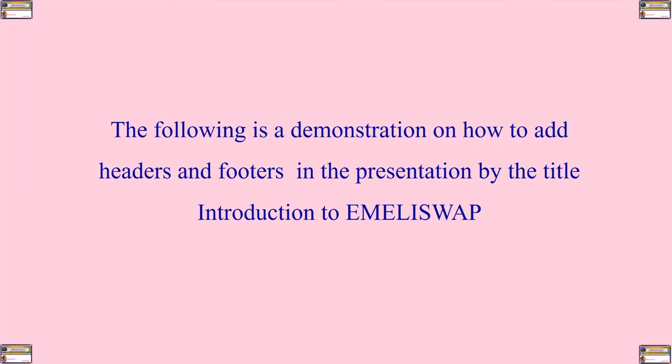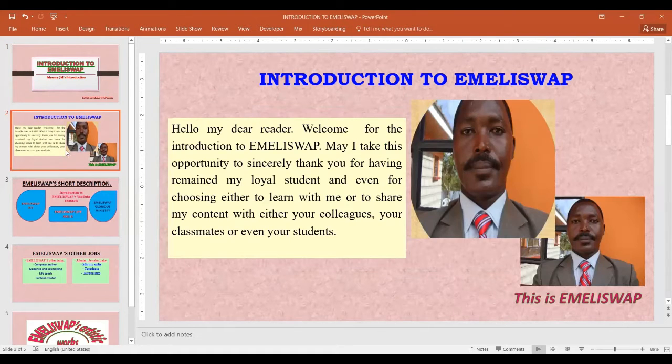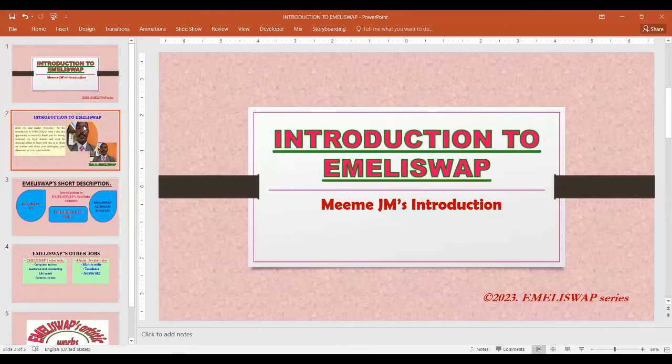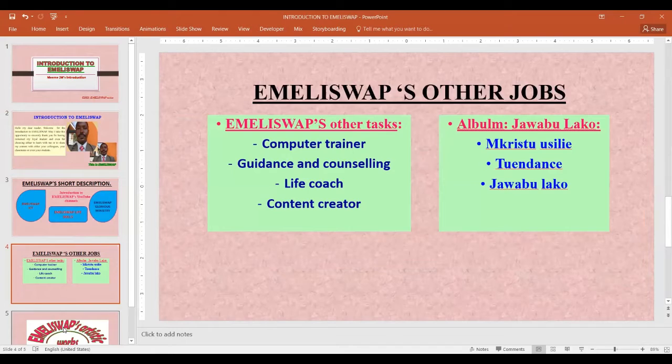The following is therefore a demonstration on how to add headers and footers in the presentation by the title Introduction to ML Swap. So just as you have seen, our presentation does not have headers and footers.